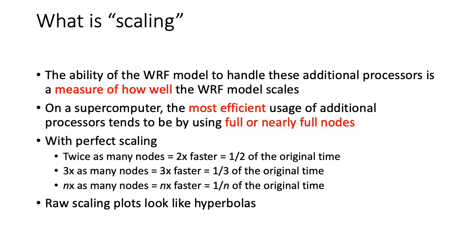And for n times as many nodes, we would expect it to be n times faster and 1/n the original time. You can look at that progression of values and see that the scaling plots for using additional processors are going to look like hyperbolas.